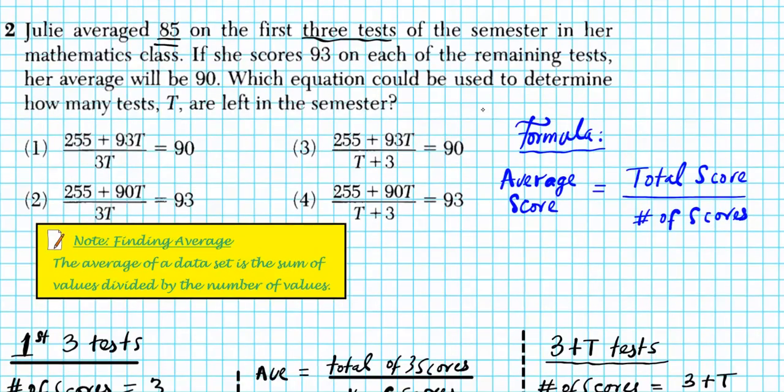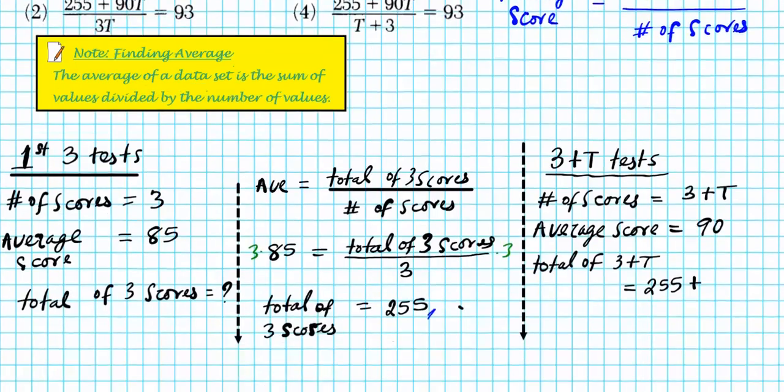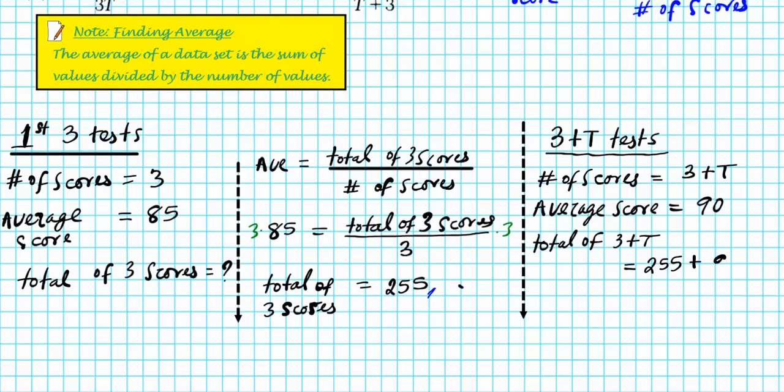We're told that she scored 93 on each of the remaining tests. How many were remaining? T. So if you score 93 on each one and you have a total of T, your total score for the T tests is going to be the quantity times amount, which is 93 for each one times the total number of tests, which is T.